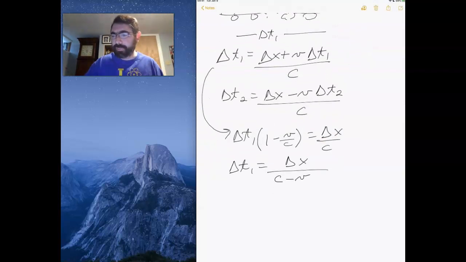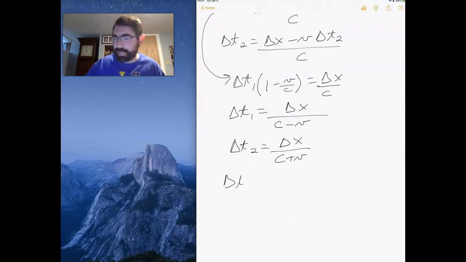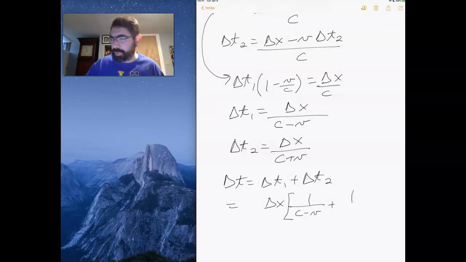I could do the same thing for delta t2, and the only difference would be I change the sign on the velocity, so it's c plus v. Now we'll look at the total time, delta t, which is delta t1 plus delta t2, which turns out to be delta x times 1 over c minus v plus 1 over c plus v, like so.